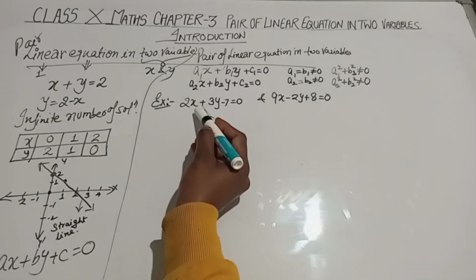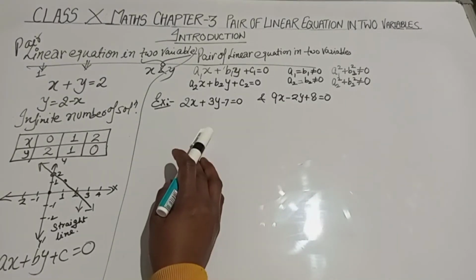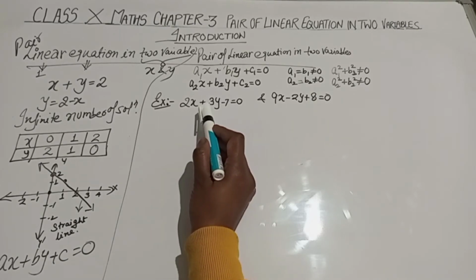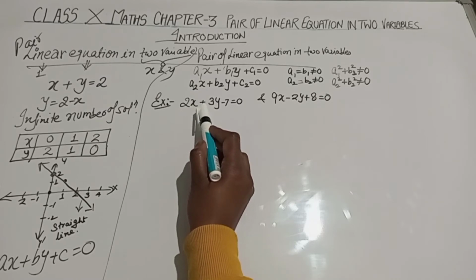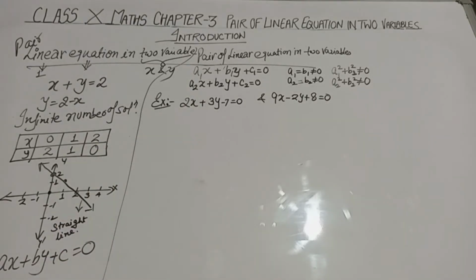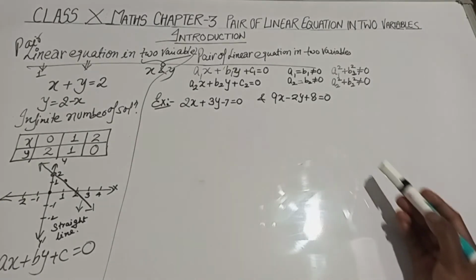These are two linear equations, a pair. What we studied in class 9th is that if I plot the graph of one linear equation only, we get a straight line. When we draw this graphically, we get a straight line.